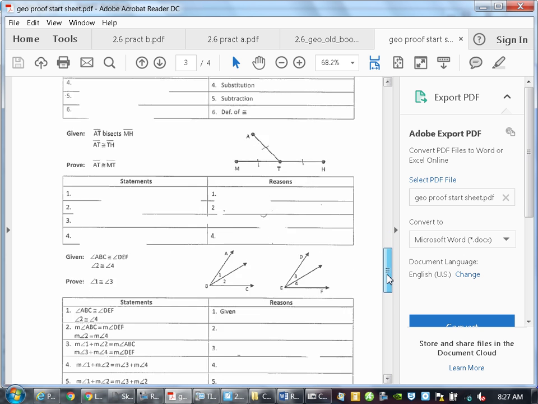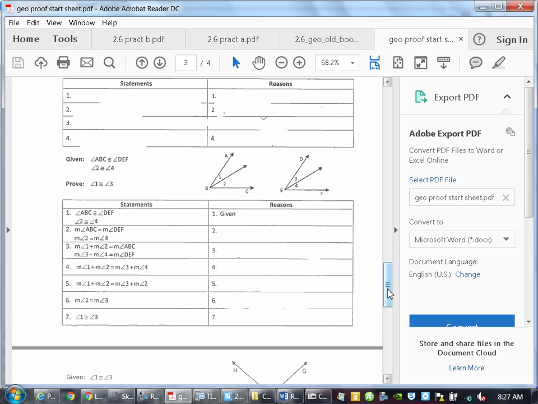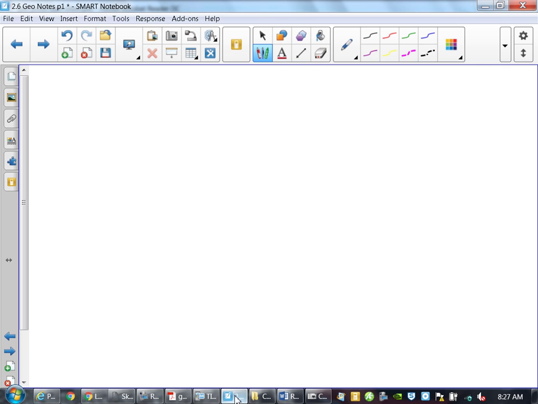And then let's try the angle one on the bottom of the third page. We'll just do 3 of them. So we're doing the algebra proof, page 1, bottom. Page 2, bottom. Trying to make this easy on you. Page 3, bottom.